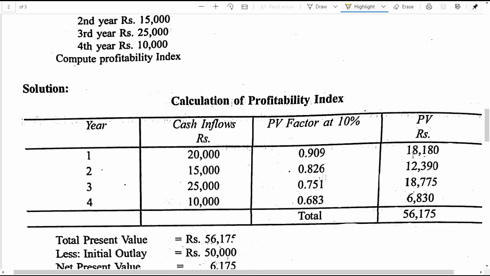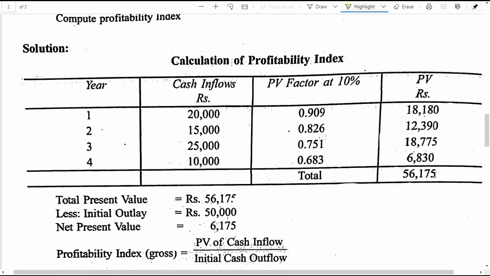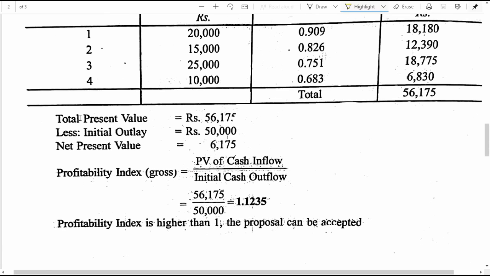For the first year it has come to 18,180, for the second year 12,390, third year 18,775 and the fourth year 6,830. These are all the present values of these cash inflows at the discount rate of 10%. The total present value of cash inflows of the project at 10% comes to 56,175.